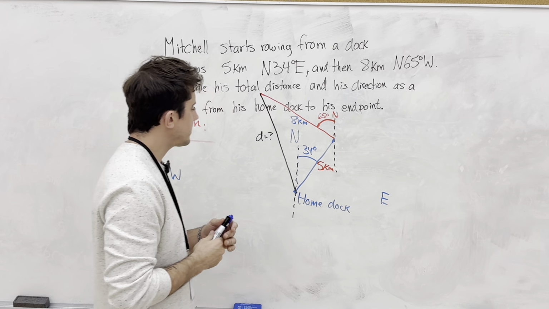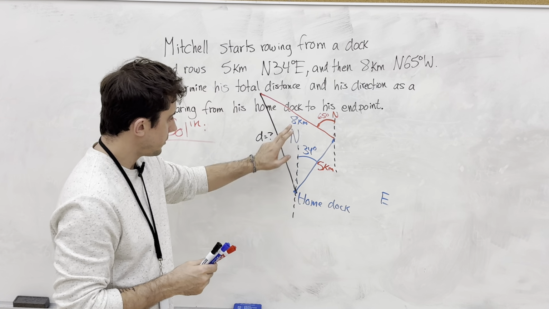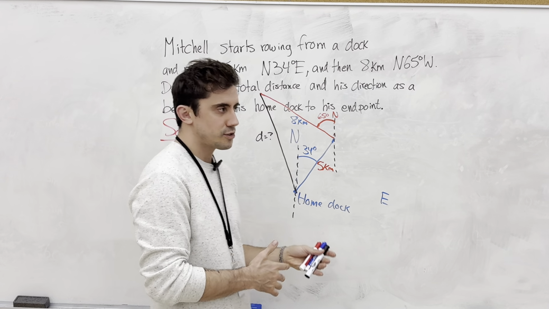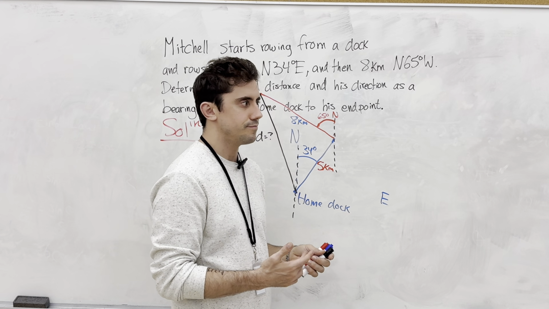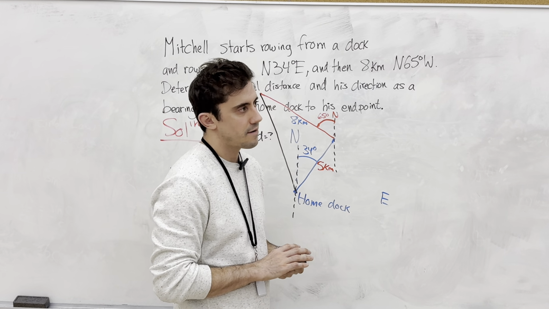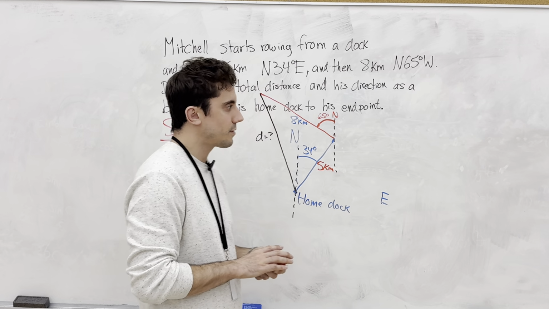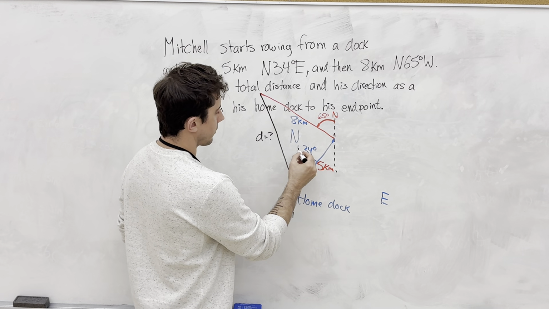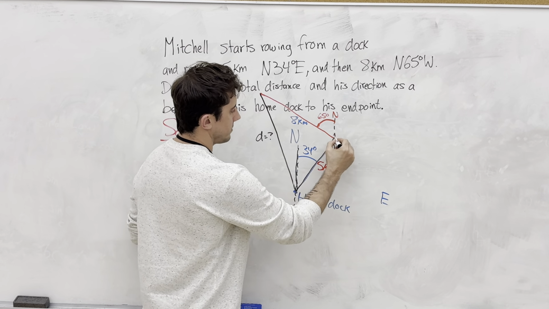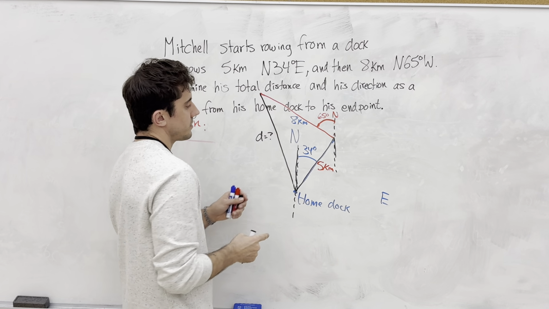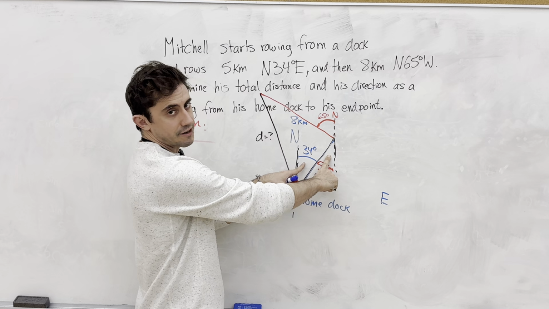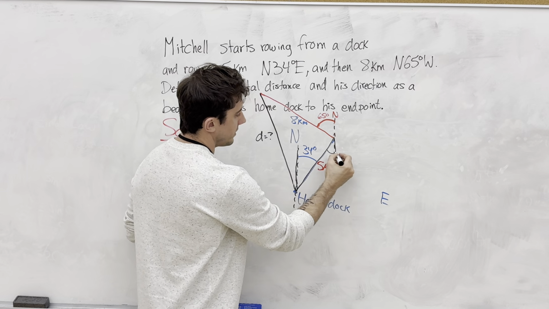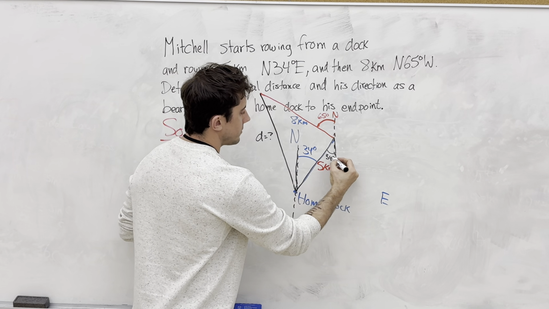Now, since this line here, the north line, is parallel to this line, we can apply some of the geometry theorems, for lack of a better word, like the Z theorem, right, which I'm sure you are already familiar with. You might notice a Z like so. And the Z theorem tells us that opposite interior angles are equal, right? And so this 34-degree angle is also this angle in here, okay?